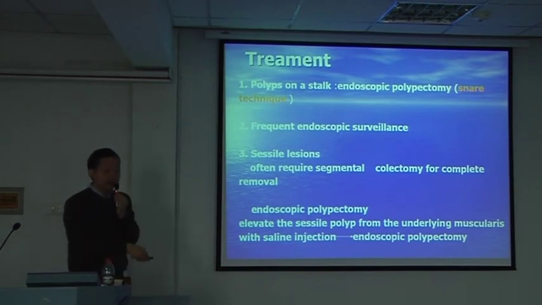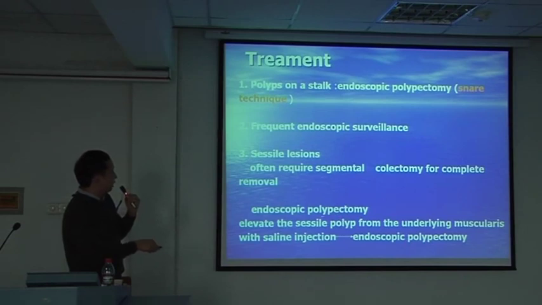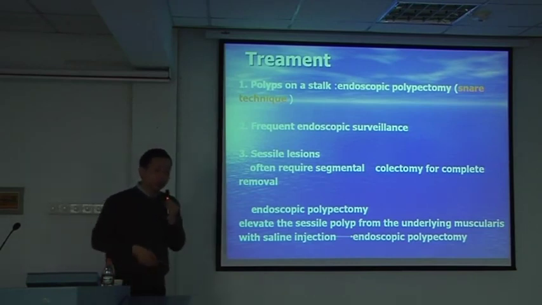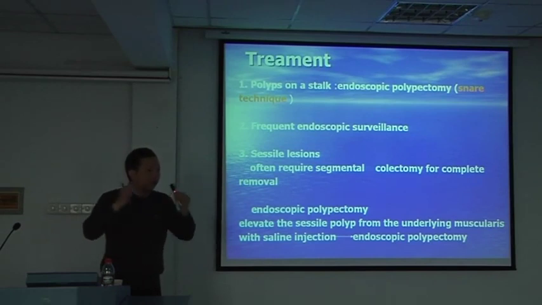So some patients will do like this. But if it's very big or large, and it's difficult to do the endoscopic polypectomy, we can only do surgery. We don't do it through the snare technique. For a large one, it's very difficult to do.